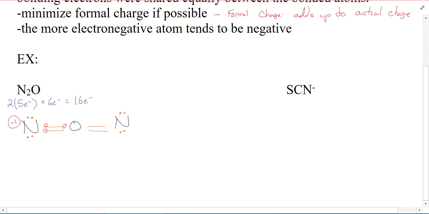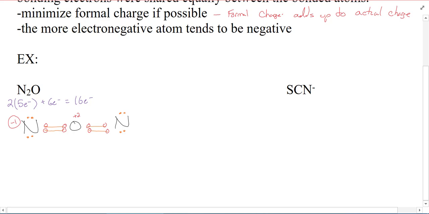Oxygen has 1, 2, 3, 4. It has 4 valence electrons. Oxygen is technically plus 2 because oxygen brought in 6 valence electrons. So if I brought in 6 and now I only have 4, I'm down 2 electrons, so I'm plus 2 charge. The other nitrogen has 1, 2, 3, 4, 5, 6.